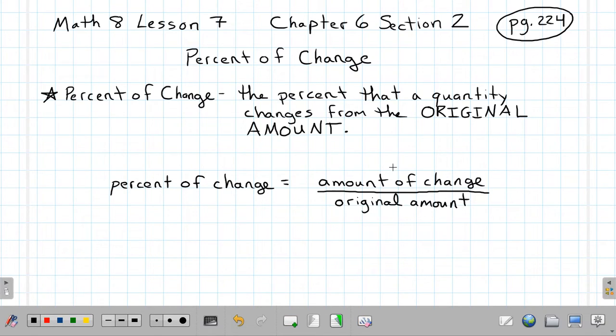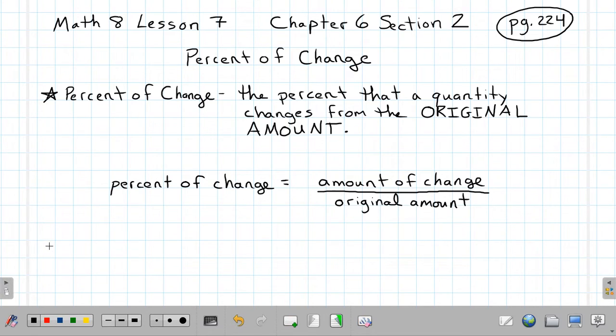The last thing before we jump into some examples: if something changes, a number can either go up or go down, or technically stay the same, as you'll see in at least a couple of the questions on the practice and the homework. But we can either have a number increase or decrease.